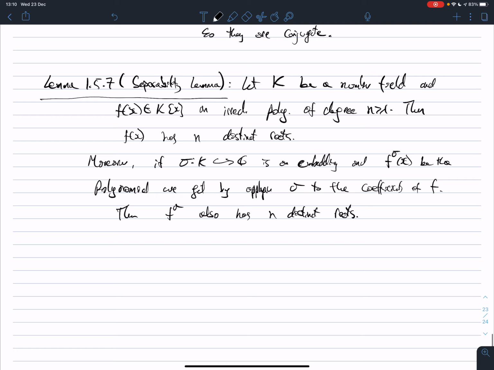Great, so let's do this proof. We start with the fundamental theorem of algebra. By the fundamental theorem of algebra, f of x is a polynomial of degree n, so it has n roots in the complex numbers.